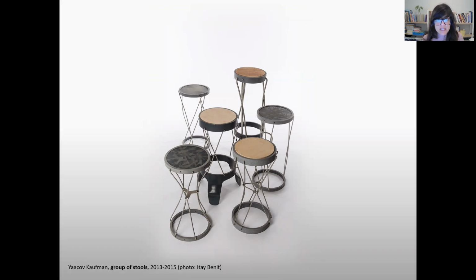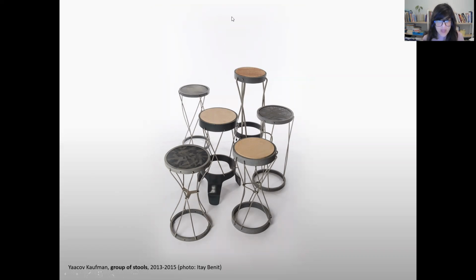If we examine this massive array of stools as an index of data, we discover issues such as the origin of the act of sitting, the history of design, woodworking, or Israeli culture and material culture.